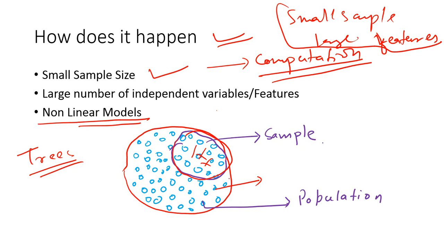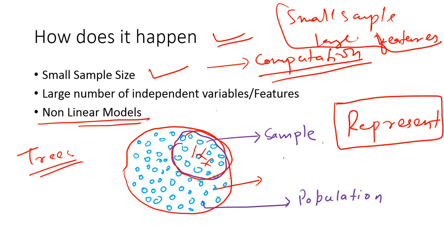Now, if you have taken a very small sample with a large number of variables, you would come across cases where you will infer wrong information or wrong theory, or you will validate some sort of a wrong relationship between your variables for the entire population. So ensure that you take a reasonably good sample that represents the population. The point that one should keep in mind is that your sample should represent your population.